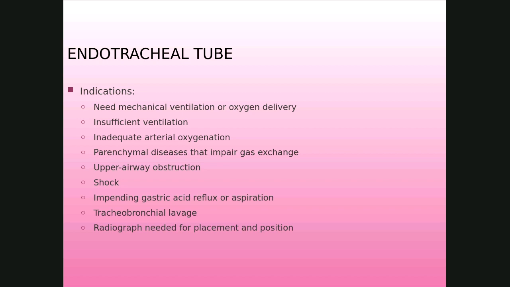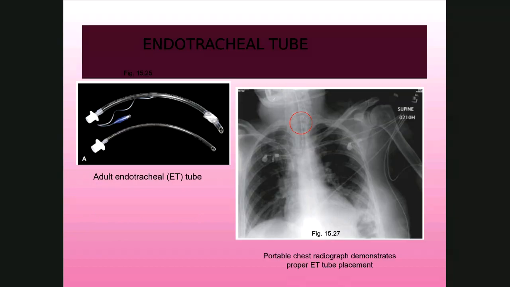They might also do what's called a tracheobronchial lavage, where they wash the bronchioles, basically a lung wash, to get fluid back and test it to see what's going on with the patient, if they have something rare that's hard to diagnose, or just to confirm that it's pneumonia. Anytime a patient has an ET tube, there is an absolute requirement for a radiograph to confirm position and placement of that tube.